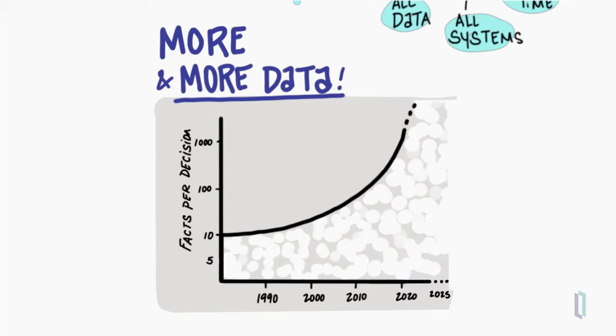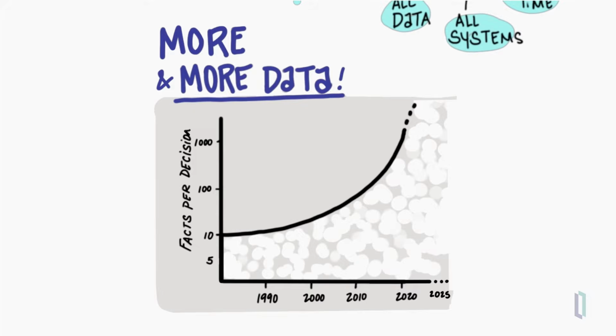His estimate was in 1980, there were about 10 facts per complex decision. Fast forward to the current time, and the exponential increase in data over that time means that in 2020, there are about 1,000 facts per complex decision in healthcare. And it continues to increase.